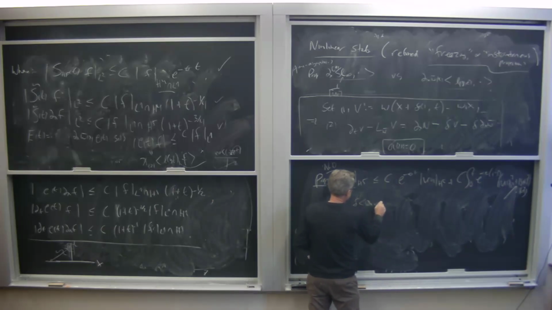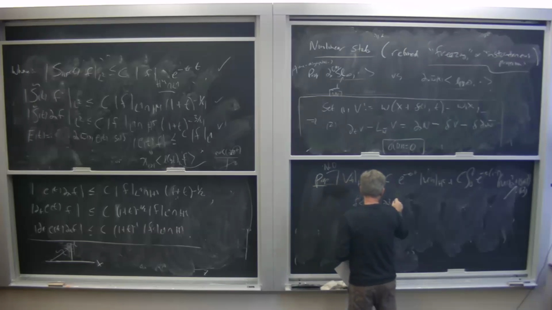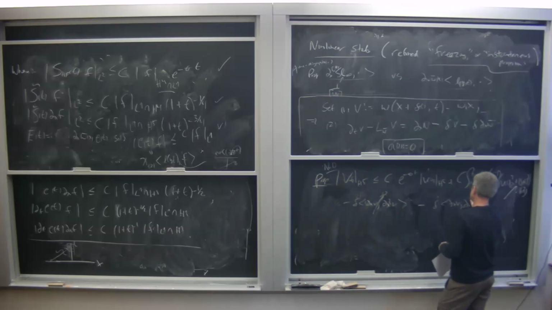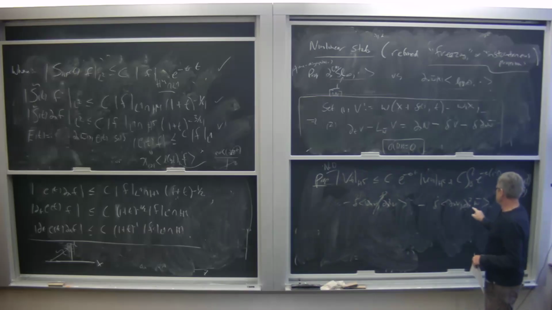Basically dx V against dx squared V, that's 0. And there's a delta dot times dx V against dx squared w bar. And this one we just write, we put the derivative all on w bar.